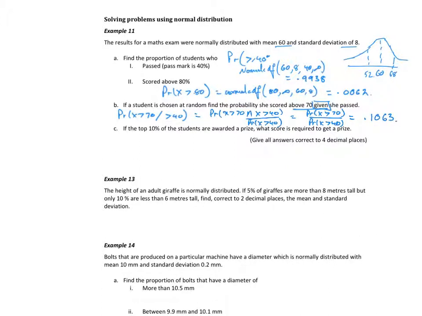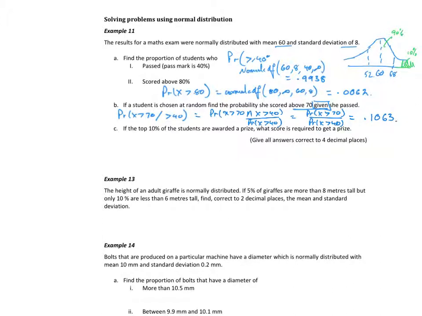Okay, finally, if the top 10% of students are awarded a prize, what score is required? So what we're saying here is we want the score up here, where the area above that value is 10%. So that means all of that stuff below has to be 90%.